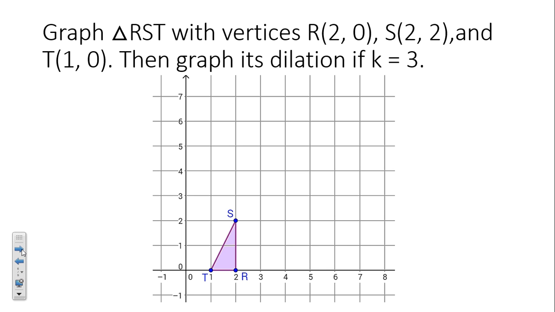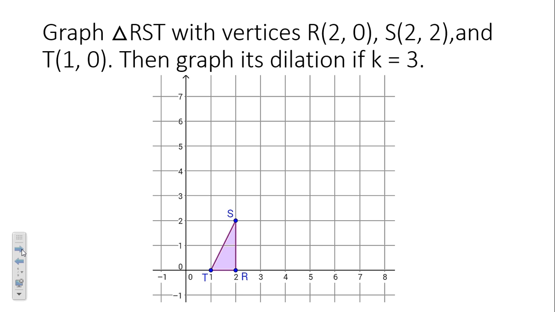Now, listen up, guys. That's what RST should look like. Okay, everybody have that? Now, our scale factor this time is 3. That means that we're going to make it bigger. We're enlarging it.